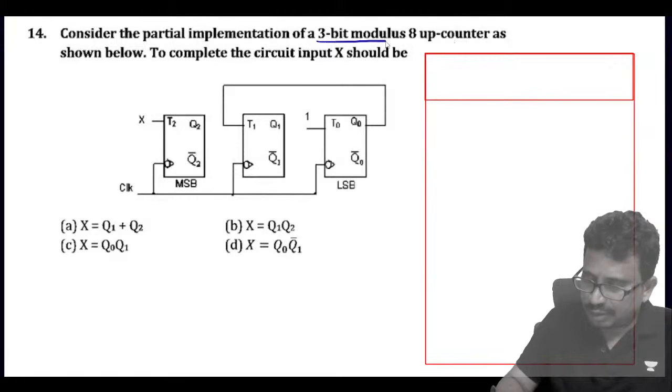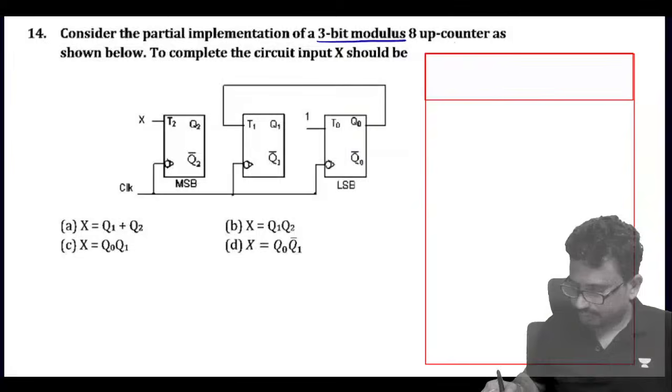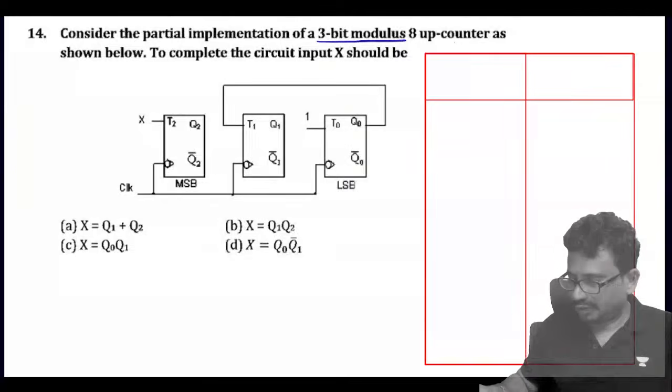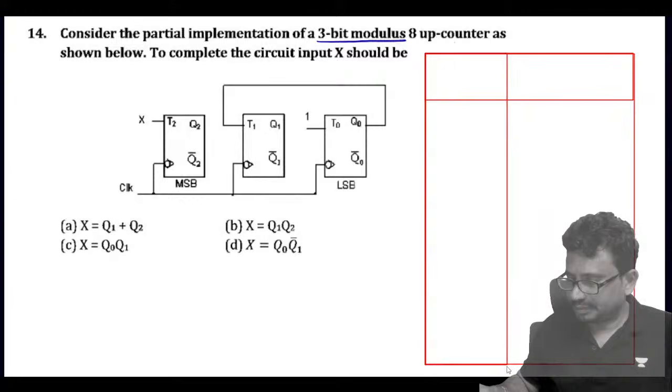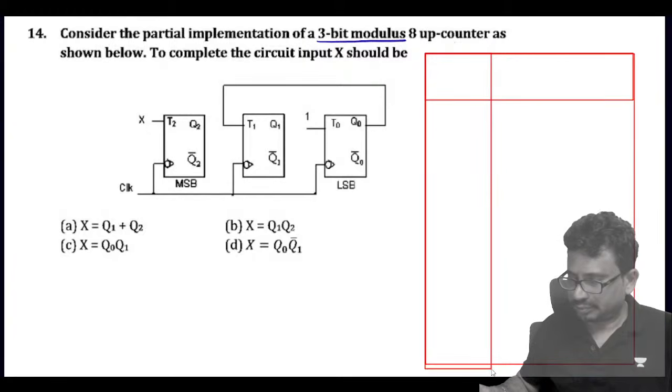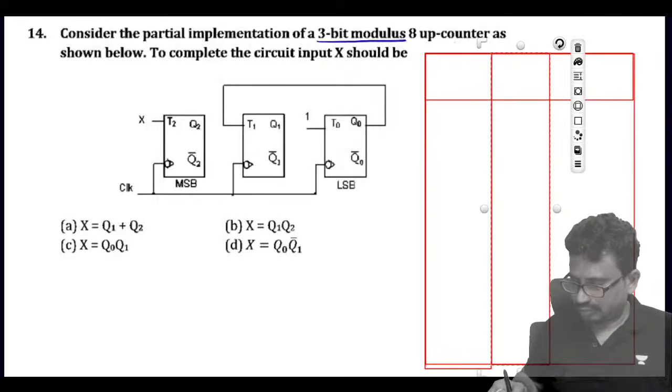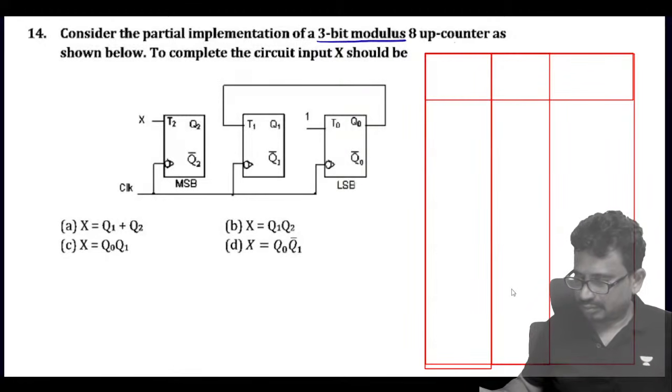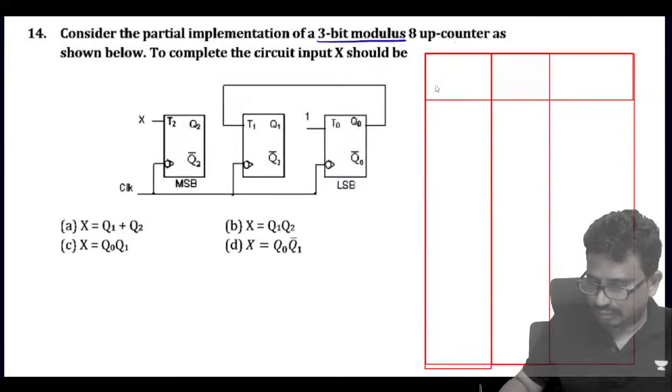A 3-bit mod 8 up counter. We need present state, next state, so this is Q2 and this is Q1 and this is Q0. This is the present state. Next state is what will be now?